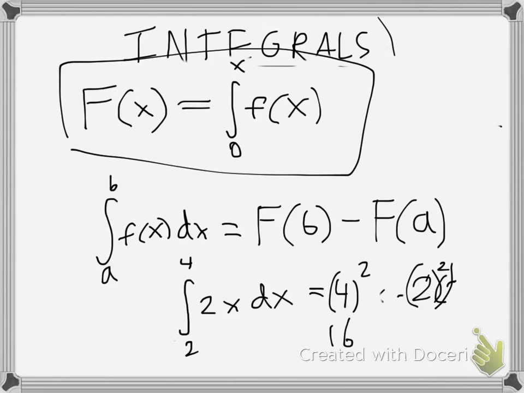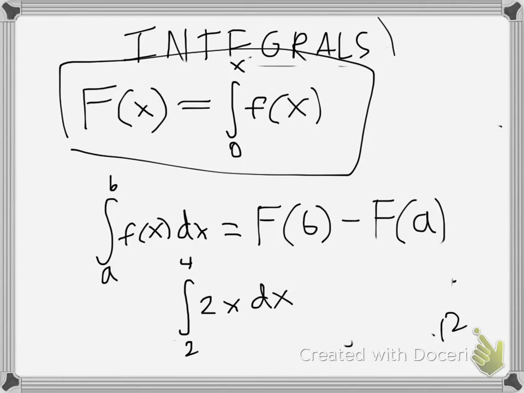So it would be 16 minus 4, which equals 12. So the area under the curve from 2 to 4 of 2x equals 12. Okay?